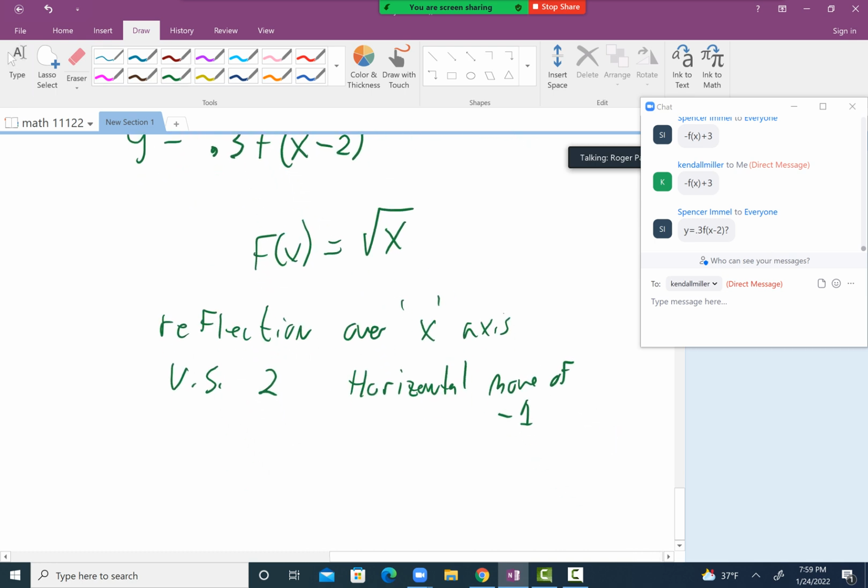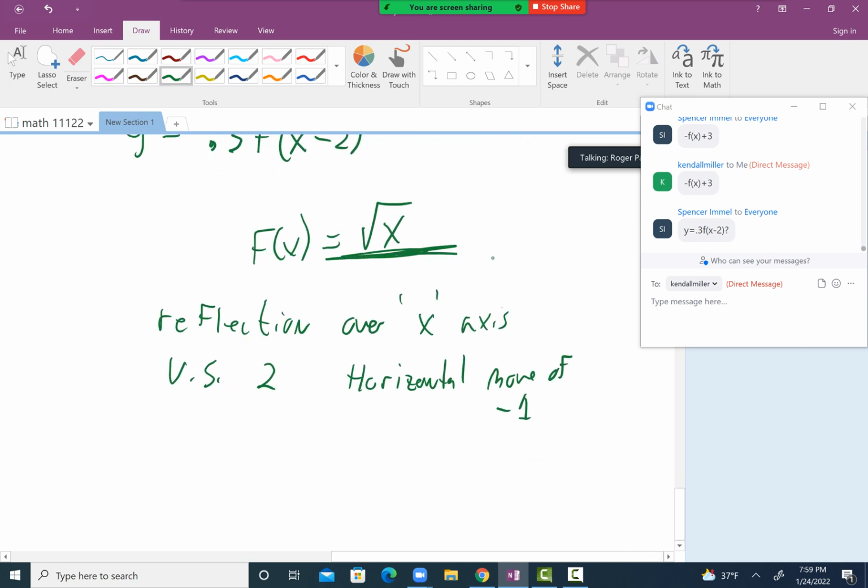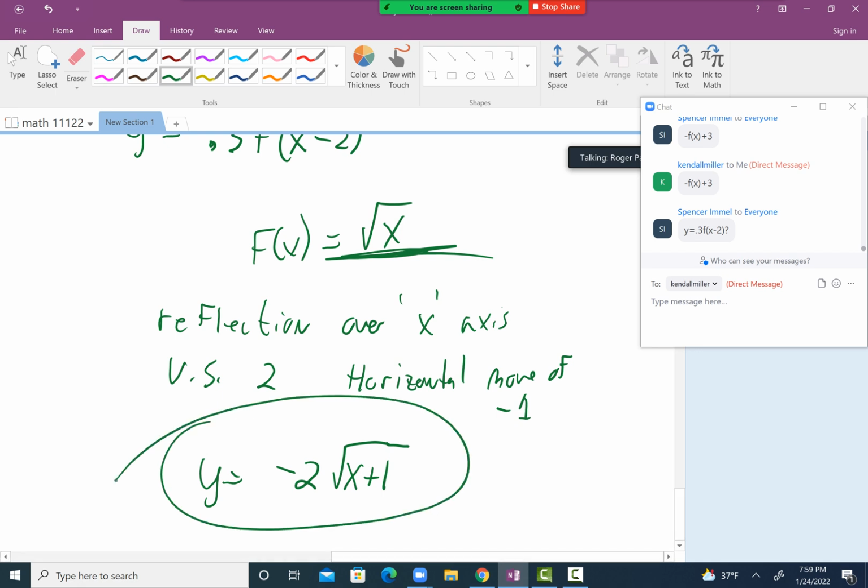Then you'd want to use that square root. The reflection over the x-axis with a vertical stretch of 2 would be a -2, so y equals -2 out in front of my square root. I have a horizontal move of -1, so that means I'm going to go x plus 1, and I'll make sure the square root goes past that a little bit. So if it gives you the actual function, then you want to write it with that actual function. Questions on that part? That's a good question.